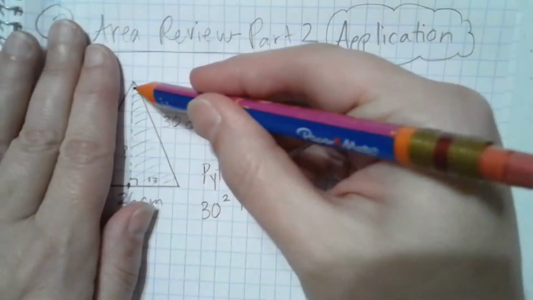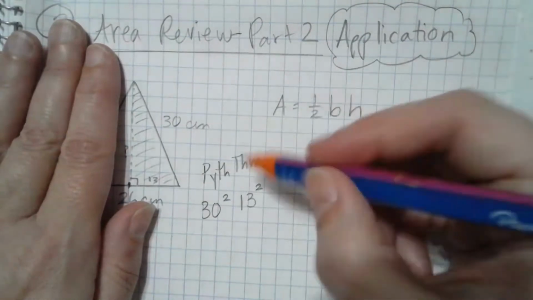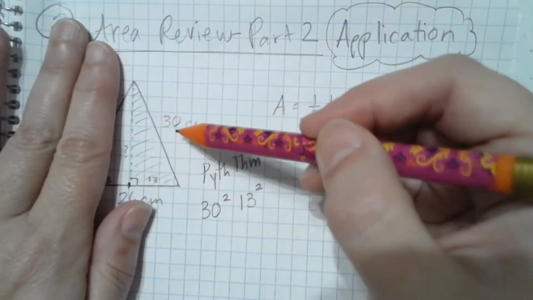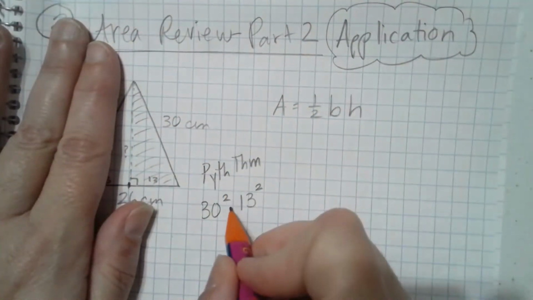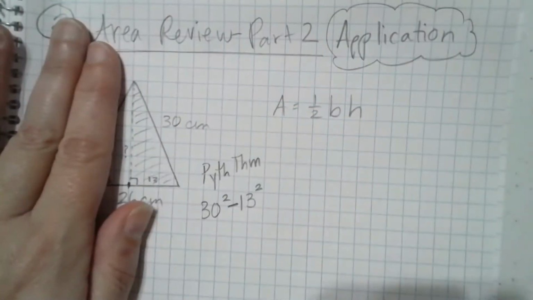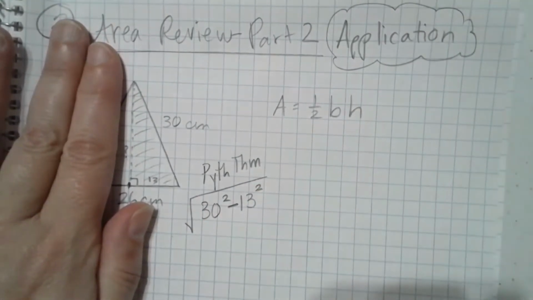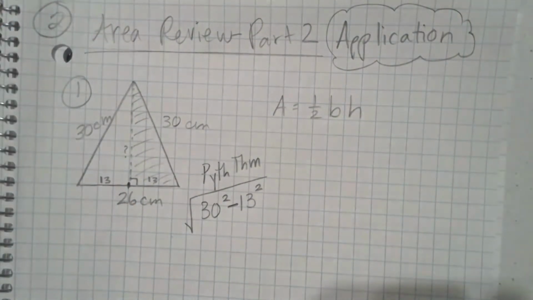So we have this long side here of 30, we have the shorter side of 13. We square both of them. So if we're trying to find this middle side, do we want it to be bigger than the 30 or smaller than the 30? So smaller, so we're going to subtract, and then we put a big square root over the top of all of that. Okay, and once we do all of that, that's going to give us our height.